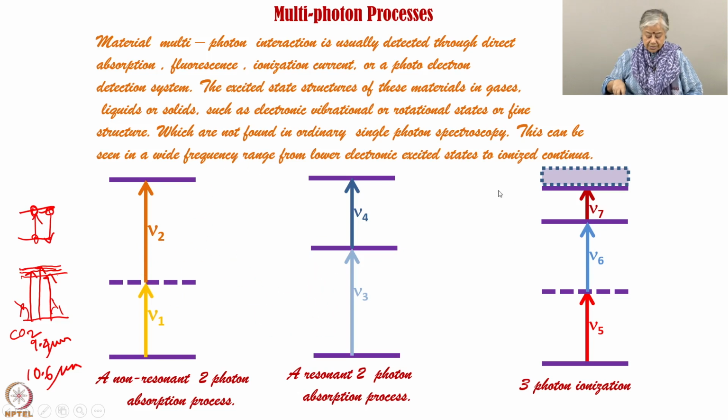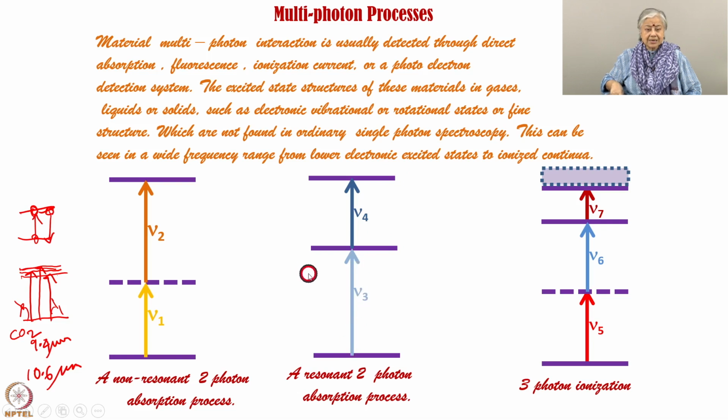Okay. So, another multiphoton process is here, a resonant 2-photon absorption. This was non-resonant, this is resonant. Resonant because you have actual eigenstates here, 1, 2 and 3: ground level, first eigenstate, second eigenstate. Okay. The real energy levels, real eigenstates. So, that means I need a photon with a frequency nu 3.